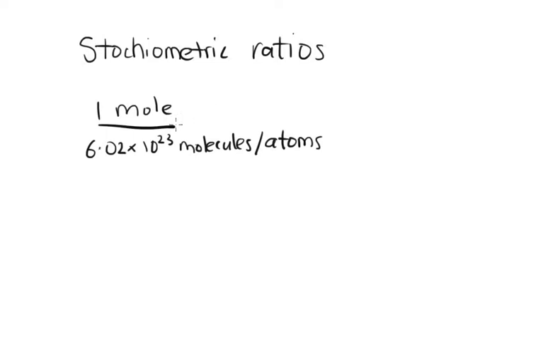It's essentially just a term of measure that we use in chemistry a lot. So 1 mole of any substance, any element, any compound has 6.02 times 10 to the 23 molecules or atoms. This is Avogadro's number, and we'll use this a lot in stoichiometry. So that's one ratio we can use.